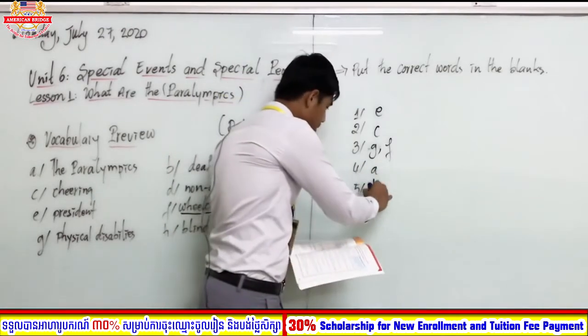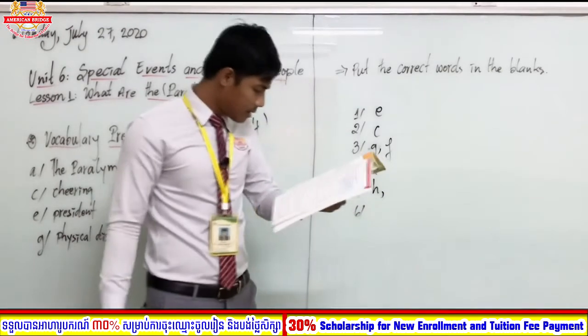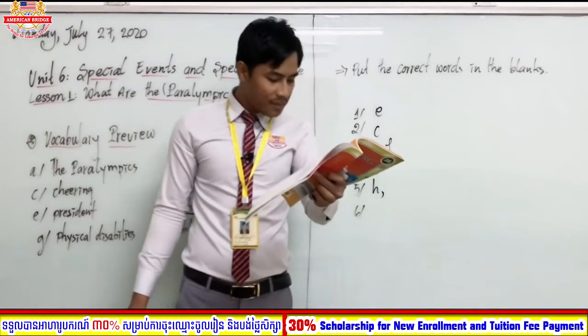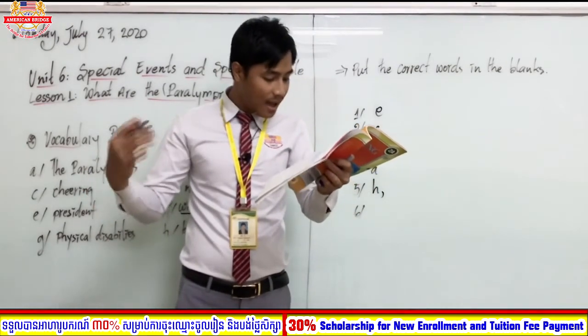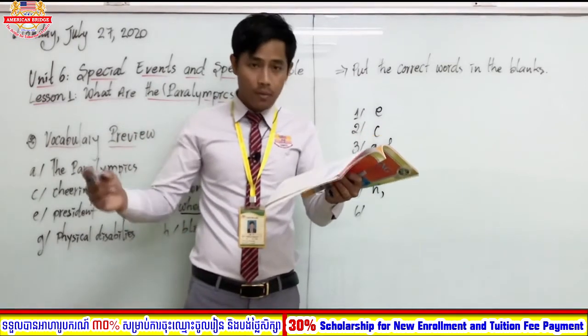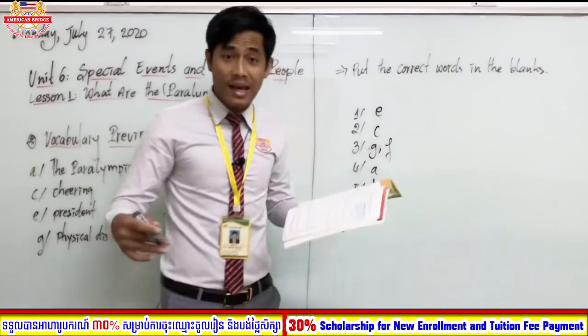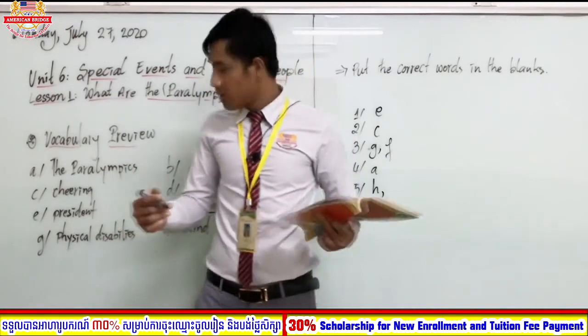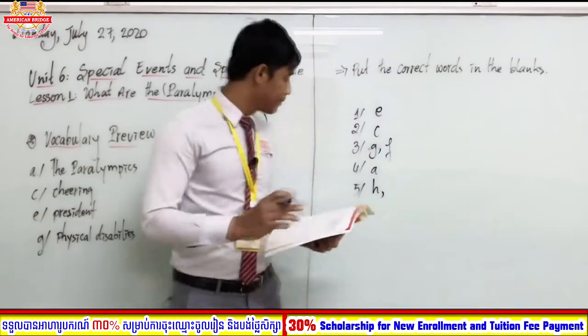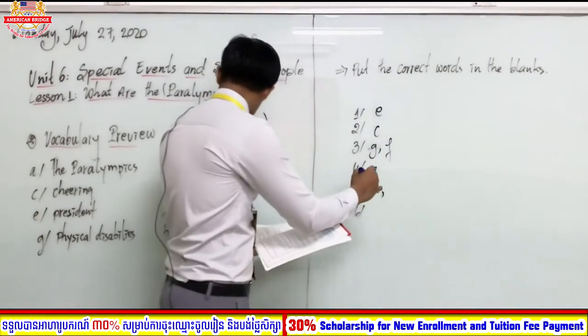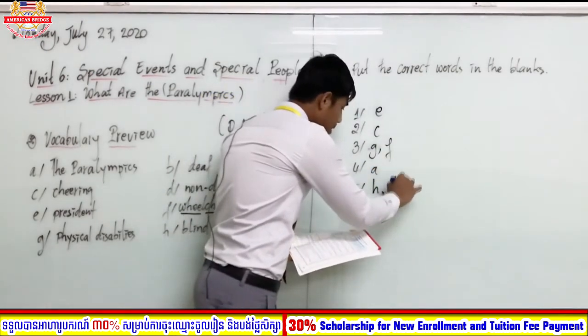Letter H. But some of them can run fast, run as fast as normal people. So they can run as normal people, right? Okay, so normal people, it should be non-disabled. So non-disabled is the letter D.